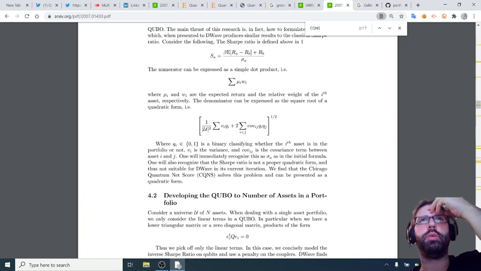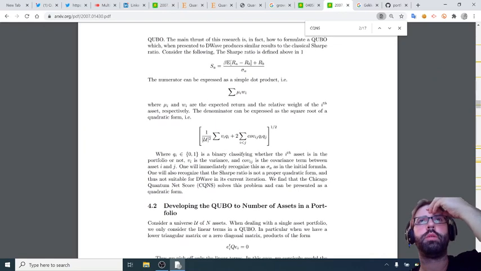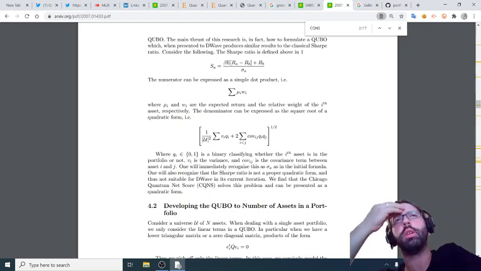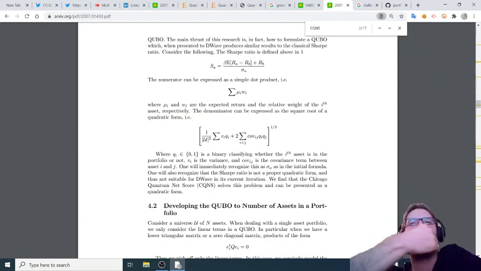And so what they do here is, this was the return minus the risk-free return. Those things might be quite equivalent. But they use the variance and the covariance term between assets I and J. So I'm not so sure.